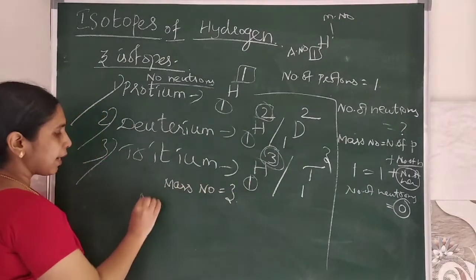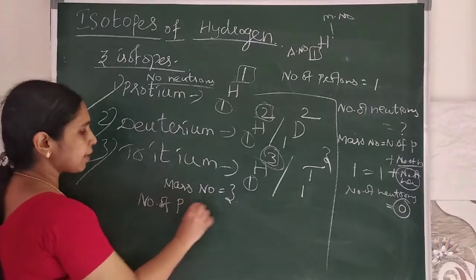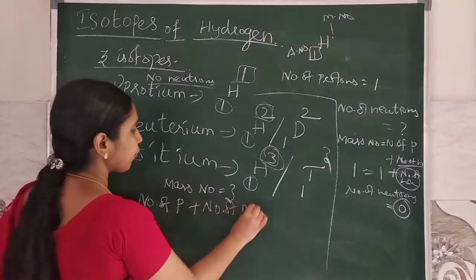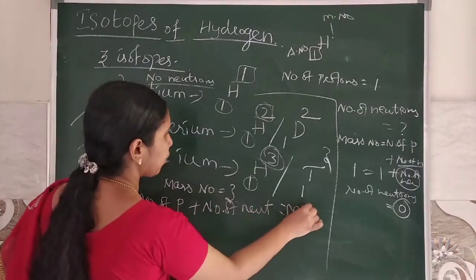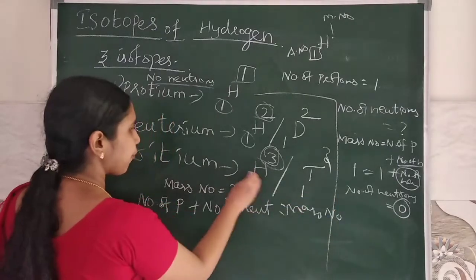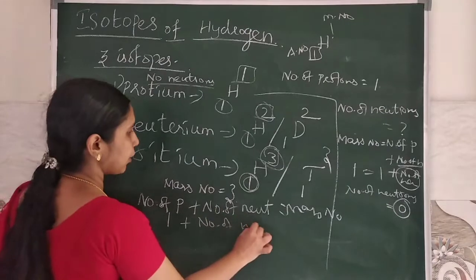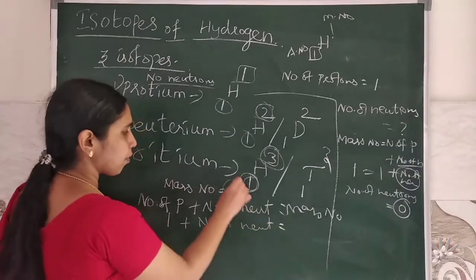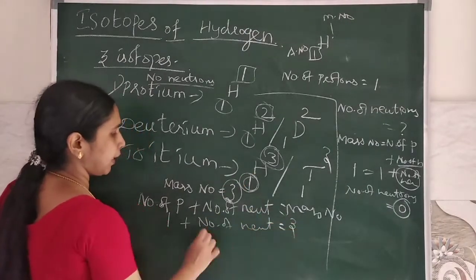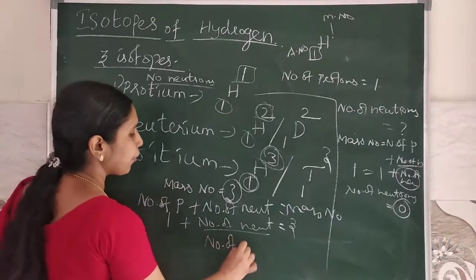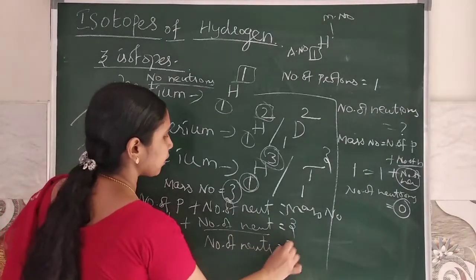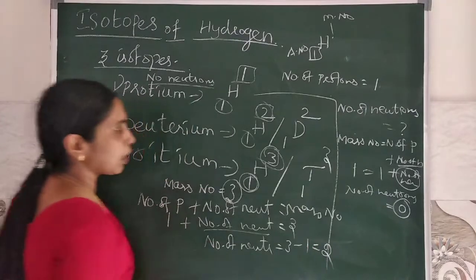Number of protons plus number of neutrons is equal to mass number. Number of protons is 1, mass number is 3. Therefore, number of neutrons is 3 minus 1, which is 2.